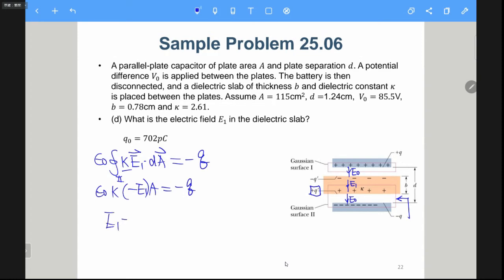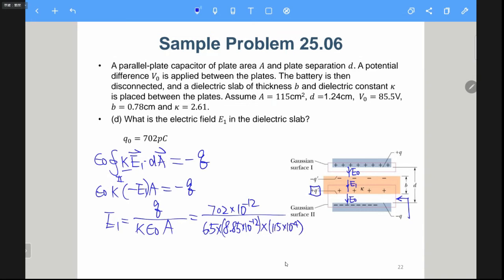So E1 will be Q over kappa epsilon naught A, which is 7.02 times 10 to the minus 10 over 6.5 times 8.85 times 10 to the minus 12 times 115 times 10 to the minus 4th power. So E1 will be 2640 volt per meter.